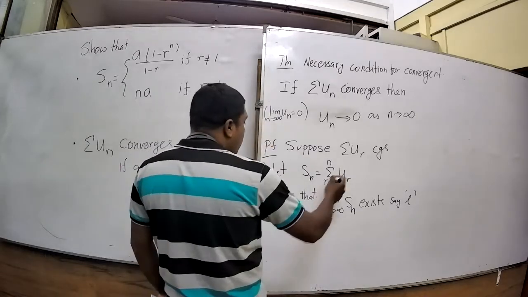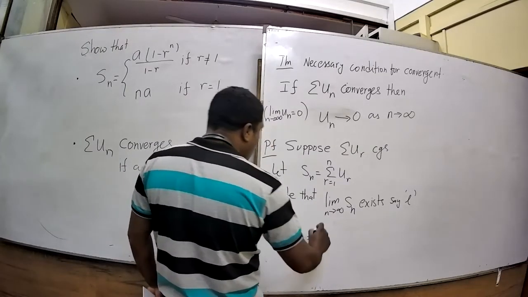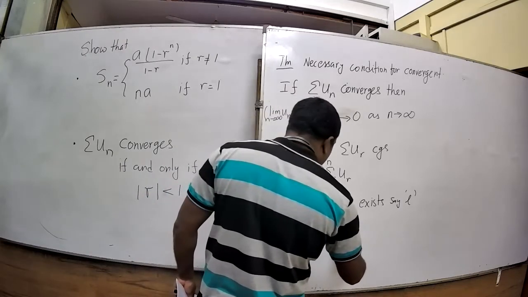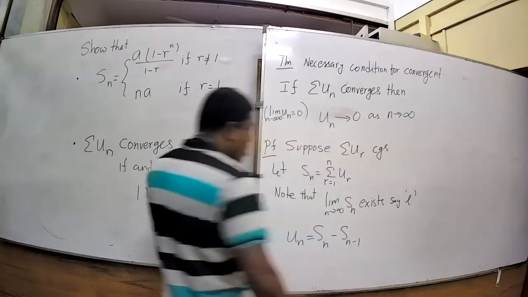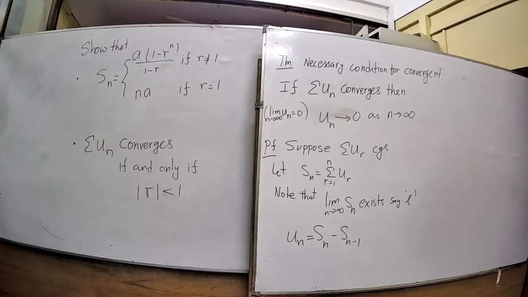In addition to that, you know this: un is actually Sn minus Sn minus 1, because Sn is the summation of ur, r going from 1 to n, and Sn minus 1 is basically the summation of ur, r going from 1 to n minus 1.